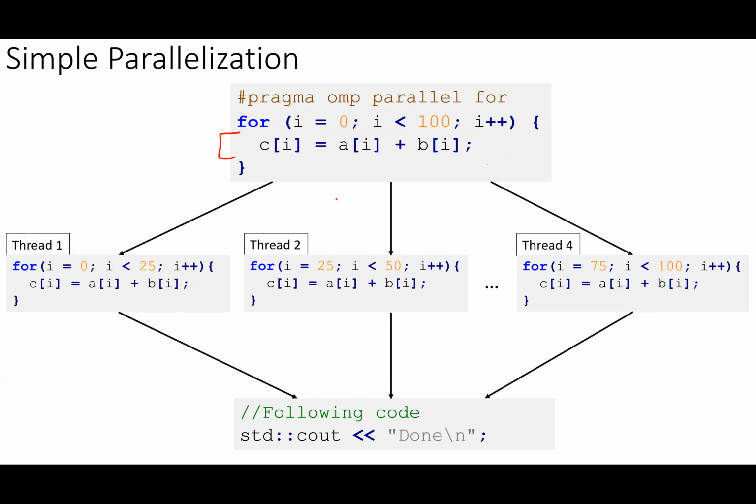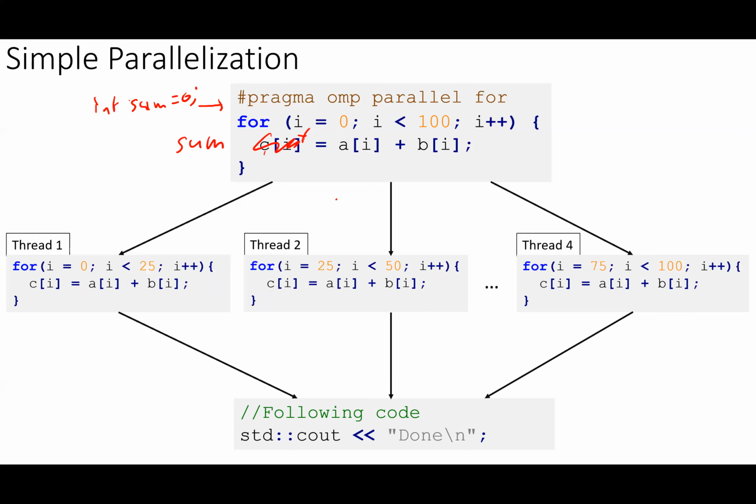If I actually change this code to instead be something like this, let me just write this in. So I said int sum equals 0. And then in here, I said sum plus equals a[i] plus b[i]. Is that okay? Could I just run that in parallel across multiple threads? No, so you're right.